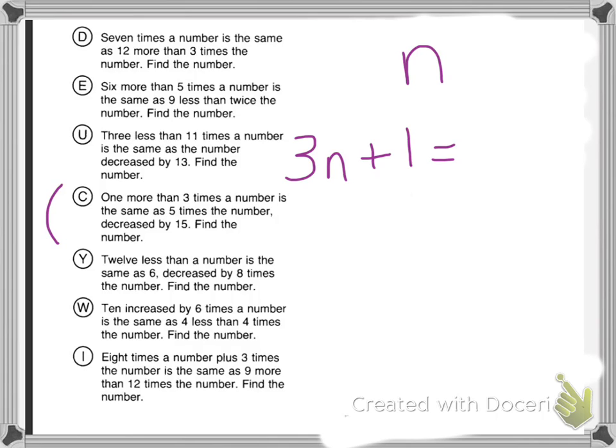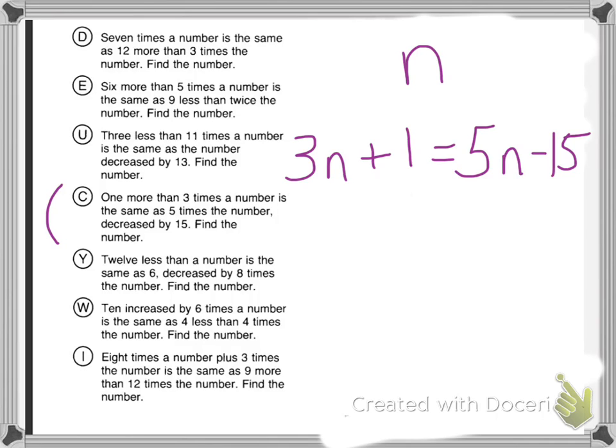Now, I don't put the 5 in the back because it says 5 times a number is being taken down or decreased by 15. That actually writes in the proper order.